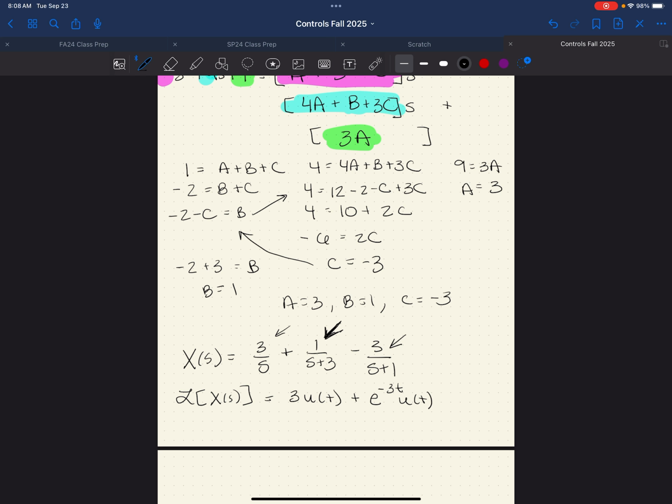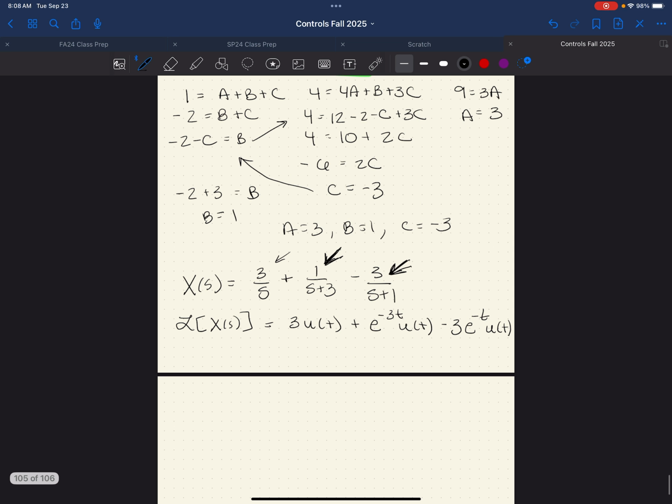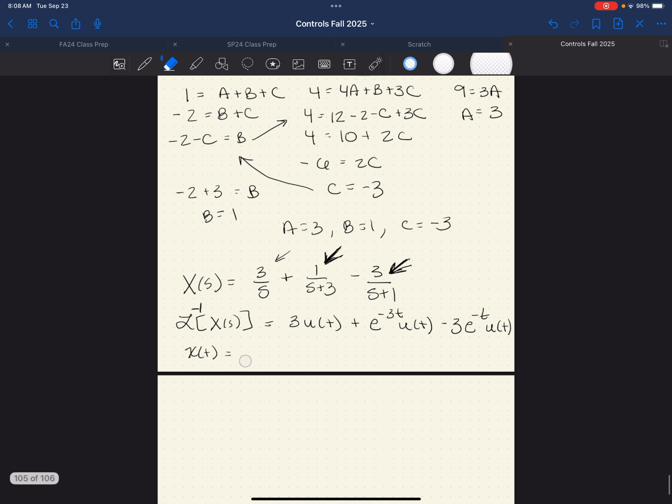And then finally, I have minus 3 times e to the minus t u of t for this last term here. All right. Whoops, this is an inverse Laplace transform. So my final x of t is equal to, at least for all time going forward from 0, we have 3 plus e to the minus 3t minus 3e to the minus t, all times u of t.